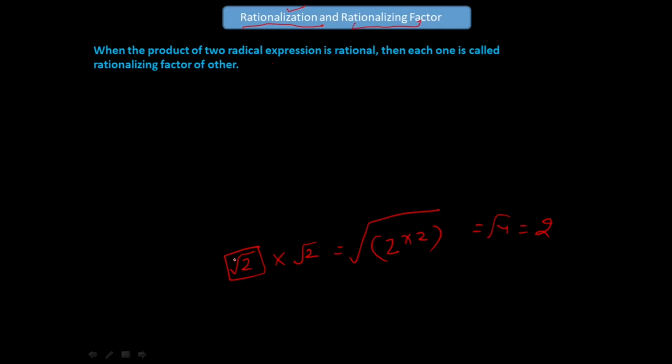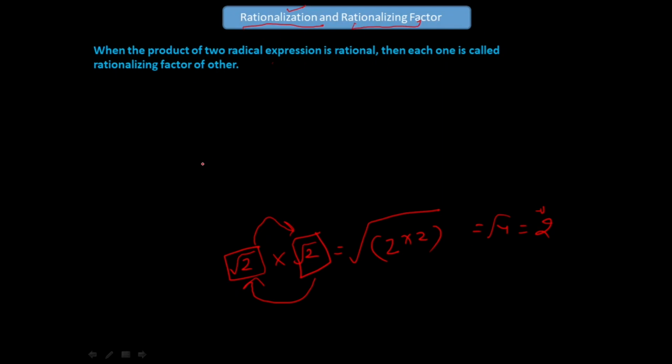I multiplied this irrational number by this number, which is also an irrational number. Now what is the result? That becomes rational. So these two factors, this is called rationalizing factor of this, and that is called rationalizing factor of this value. Let me take one more example.